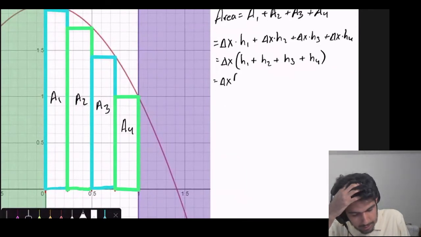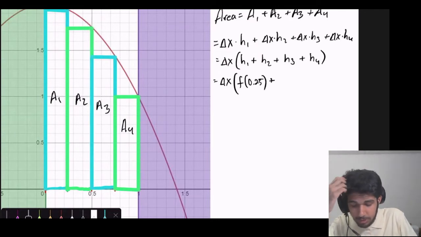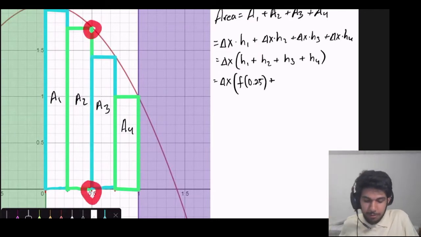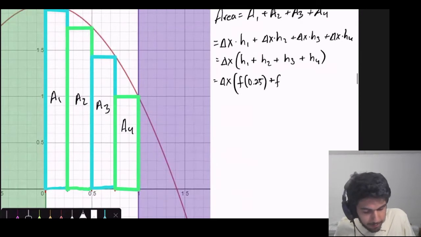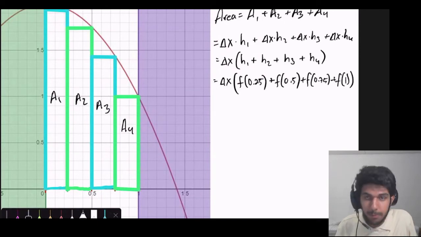So h1 is equal to f of 0.25. H2, same thing. We're looking at the right-hand corner because that determines the height of the rectangle. That's going to be equal to f of 0.5. For H3, similar logic. This will be f of 0.75, and H4 will be f of 1.